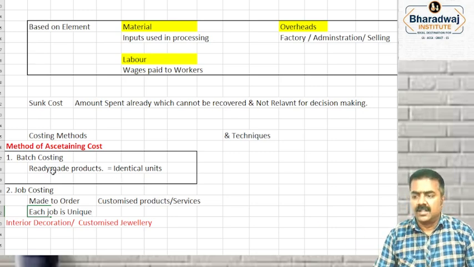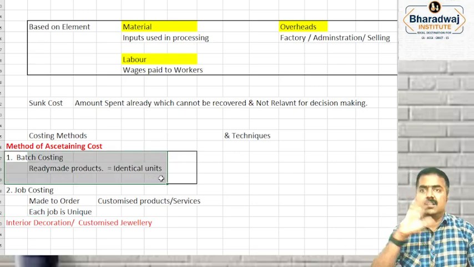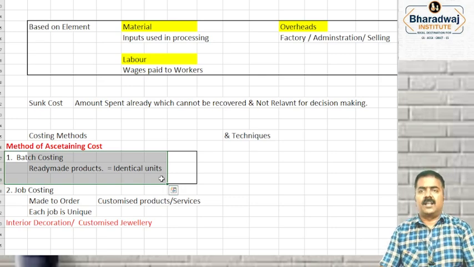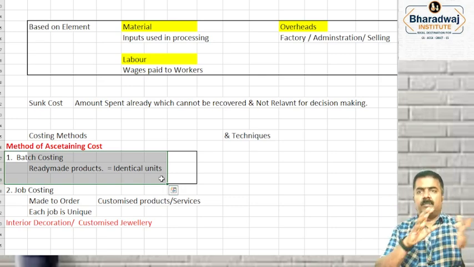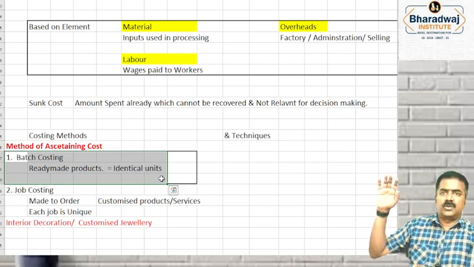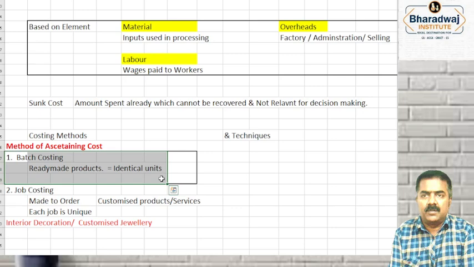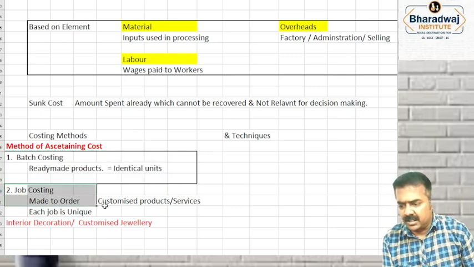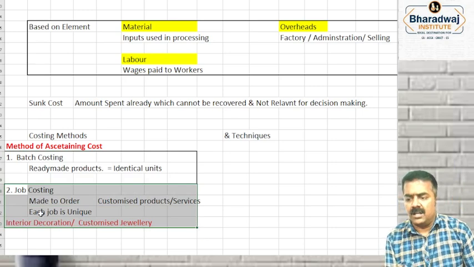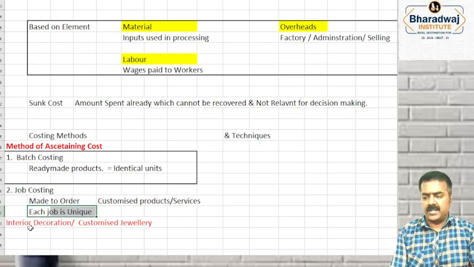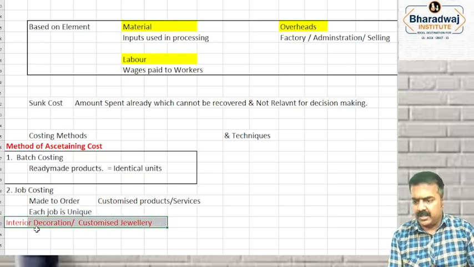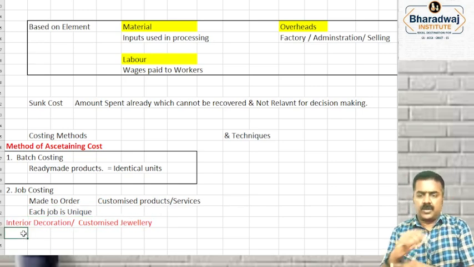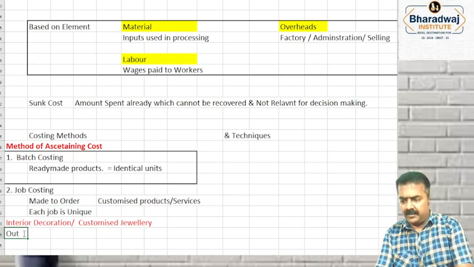Different from others. In batch costing, all the units are identical. Let us take Pepsi and Coke. We make a batch of 750 ml or 1000 units. All the 1000 units will be identical. But in job costing, the units will be identical or unique? Unique means different from each other. So interior decoration, the customized jewelry, maybe outdoor catering.